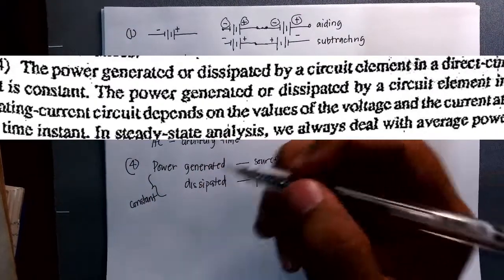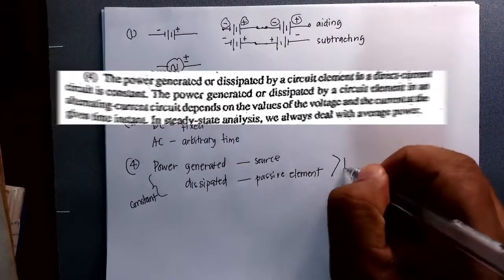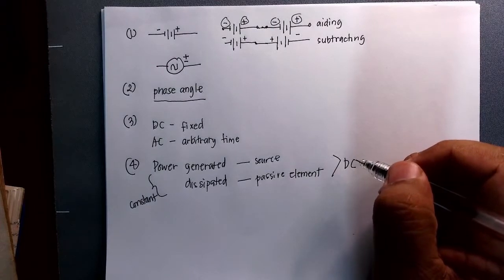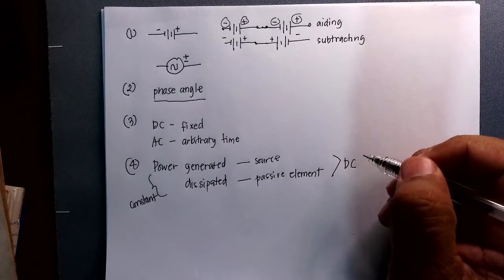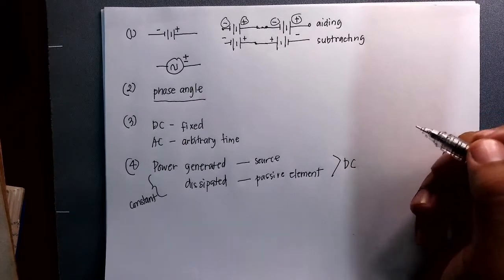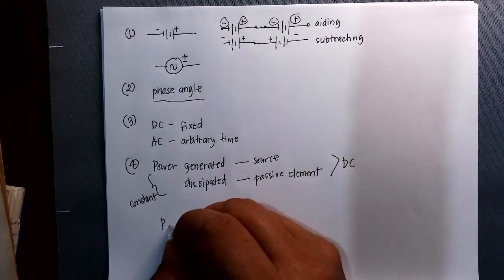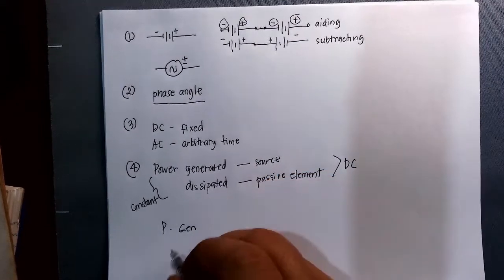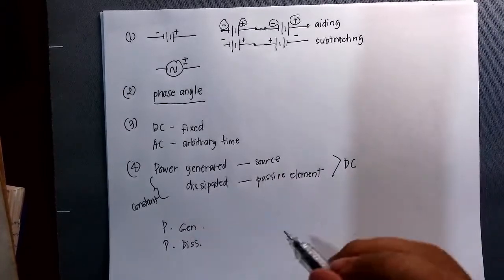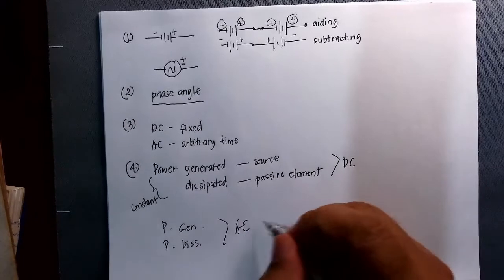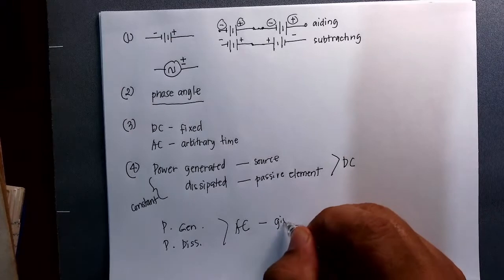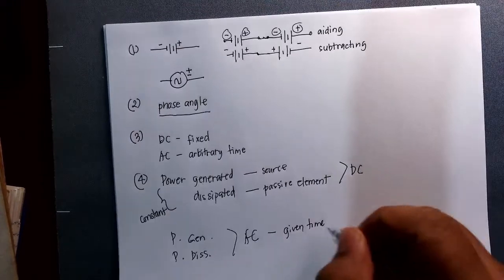While in an alternating current, the power generated or dissipated depends on the values of the voltage and the current at a given time instant. So the power generated or dissipated in AC is dependent on the given time instant.